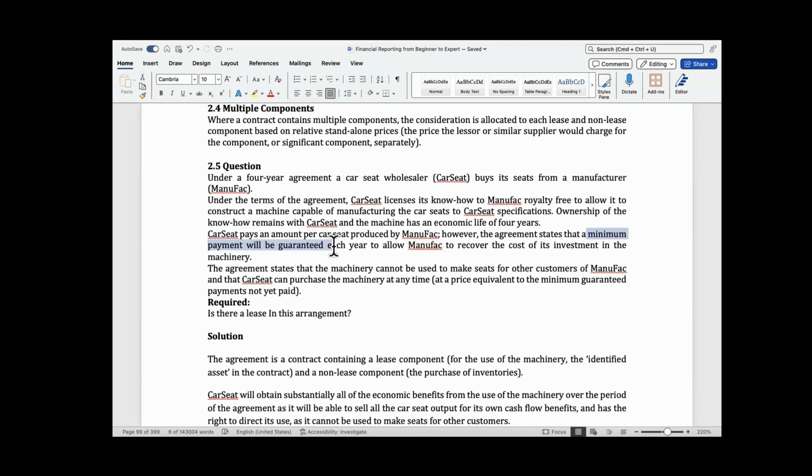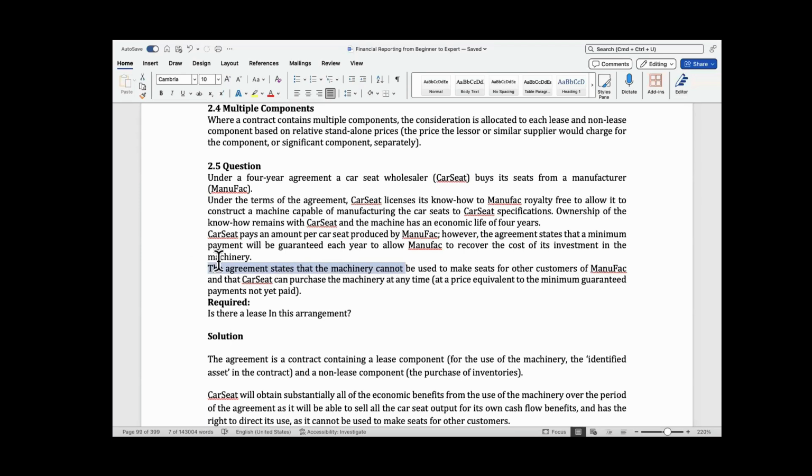So that's that. They now say the agreement states that the machinery cannot be used to make seats for other customers of Manufac, and that car seat can purchase the machinery at any time.